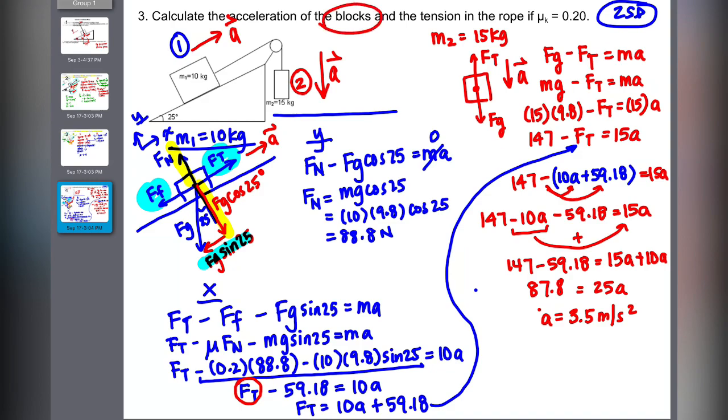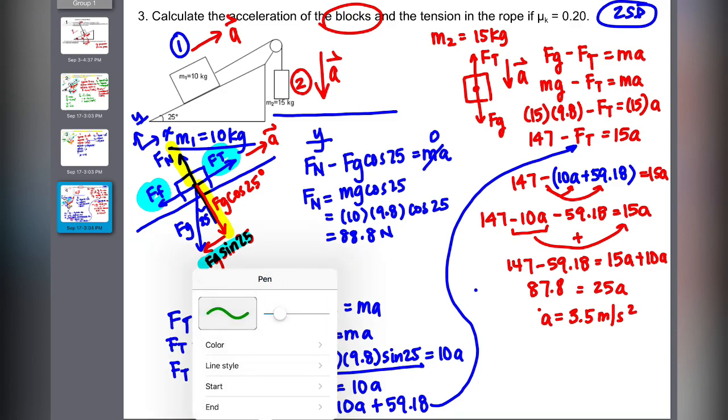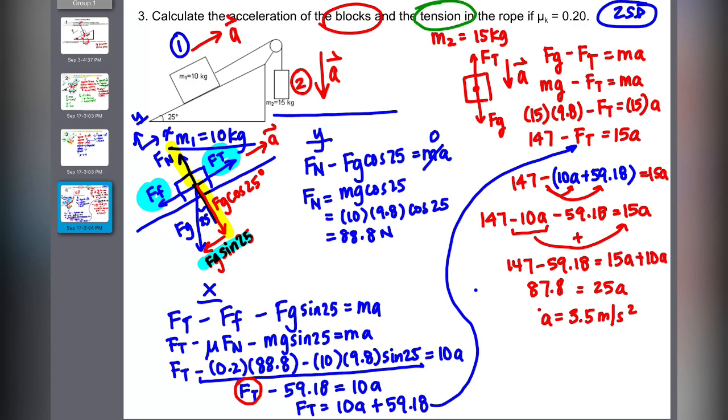So I found that. It says find the acceleration of the blocks, right? So it doesn't say which one. I don't put the direction because it could be up the slope or down the hill. So finally finishing it up, I need to find the force of tension. So find one of the tension equations. I like this one, so I'm going to just rewrite this.